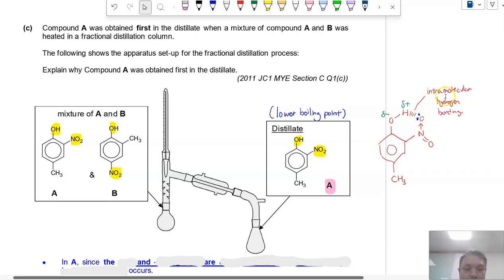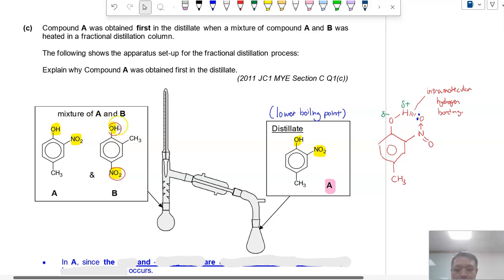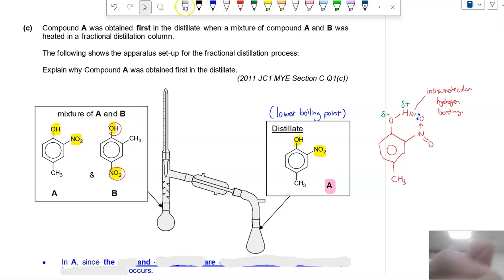So you have a hydrogen bond within the same molecule, whereas in B, if you take a closer look, these two groups are far apart. So this OH cannot intramolecular hydrogen bond with this NO2. In this case, the OH group can intermolecular hydrogen bond with another molecule. Let me draw another molecule next to it so you can see this better.